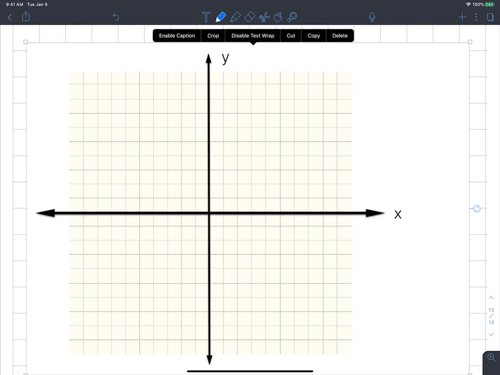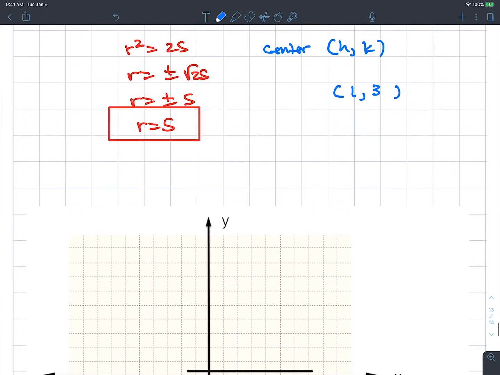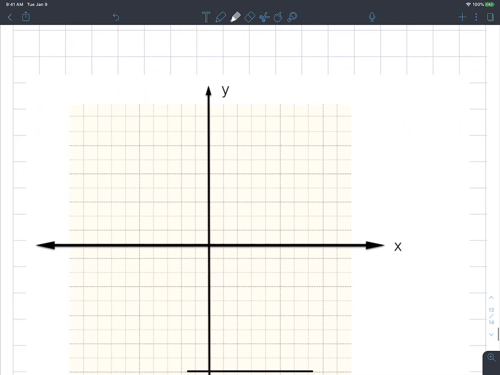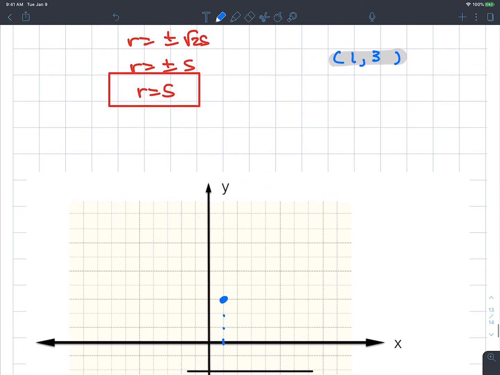All right, let's try this out. My center is (1, 3). So let's find the center. You go to the right 1, and then we go up 1, 2, 3. So ladies and gentlemen, this is my new center.